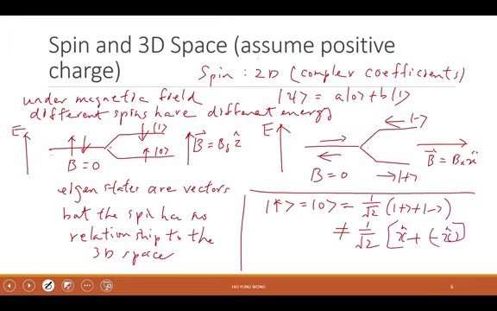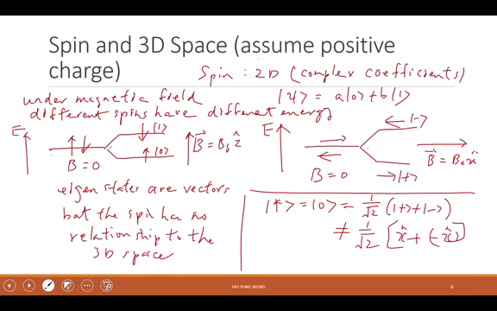Can we say that? No, because plus and minus are not really in the 3D space, with my spin pointing to the left and pointing to the right. If that were really the case, the basis vectors would be pointing left and right, and they would just cancel.